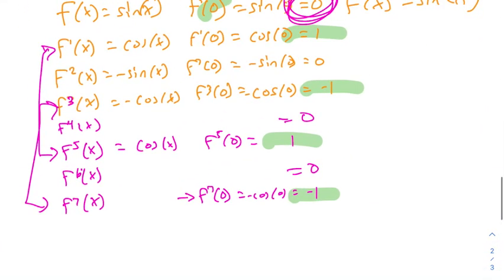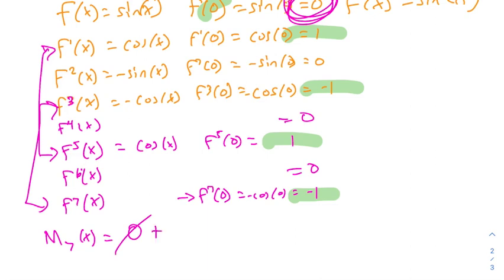Let me write this out for you so you can see what I'm saying. So we want the Maclaurin polynomial, and we're going to go 7 terms, we decided. And what happens is that first one's all 0, so we're not even going to include it.